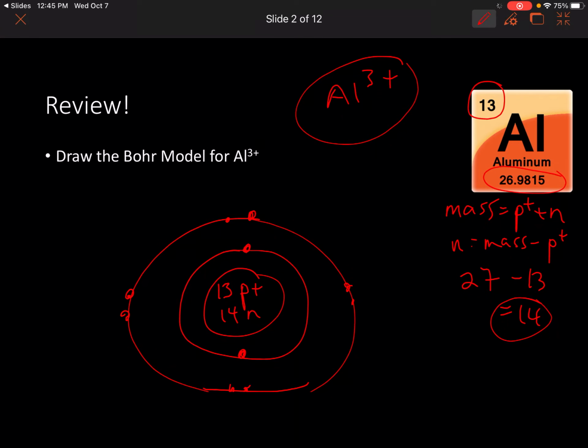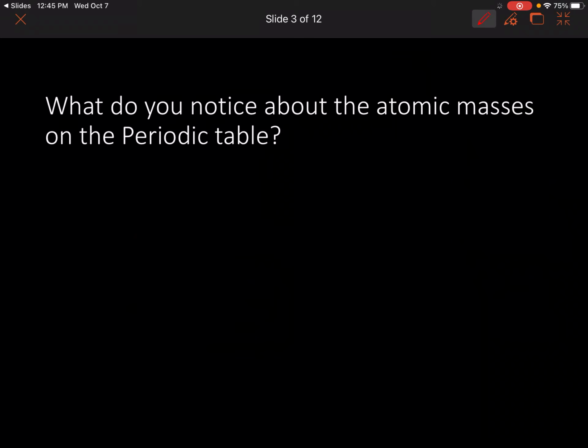So right now I'm at 10 electrons, and that's where I'm going to stop because the aluminum has a charge of 3 positive, which means it's got 3 fewer electrons than it normally would. Okay, so exercise 1 is basically just review of these kinds of concepts. So take a look at exercise 1 now.